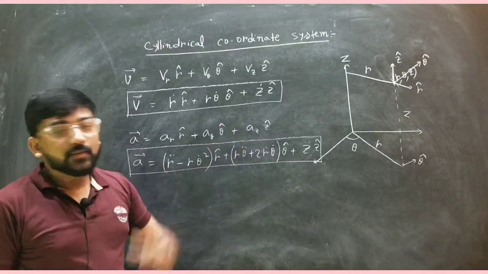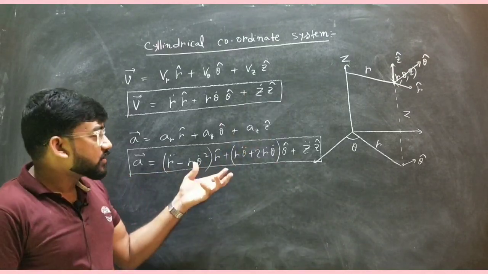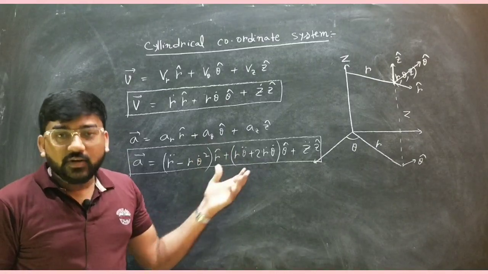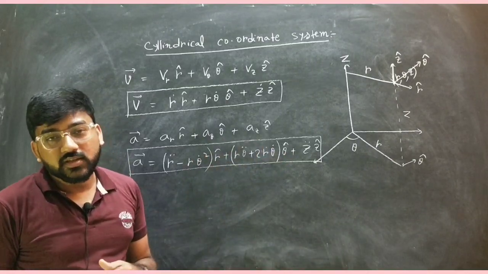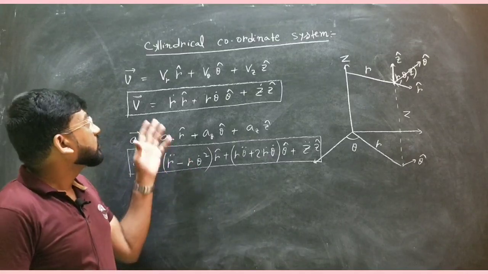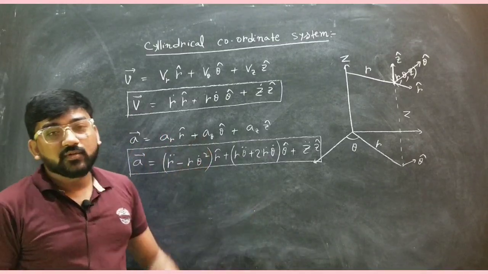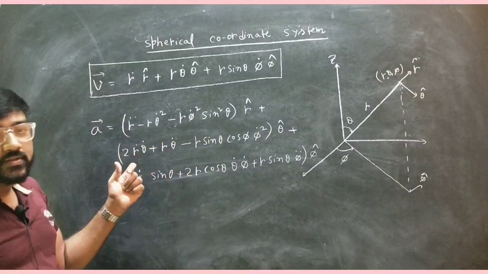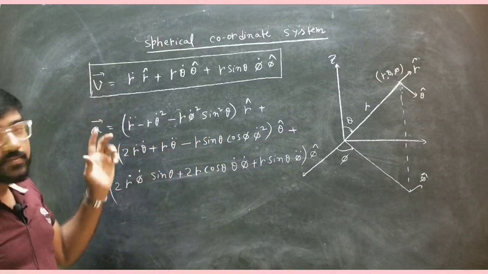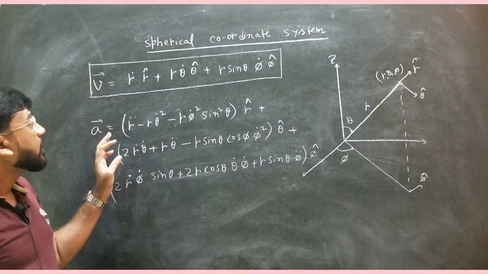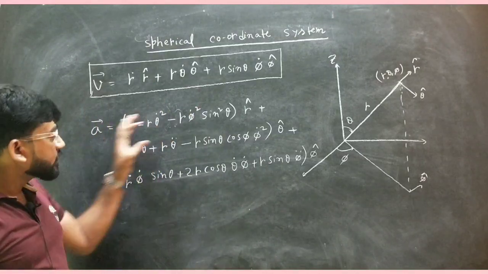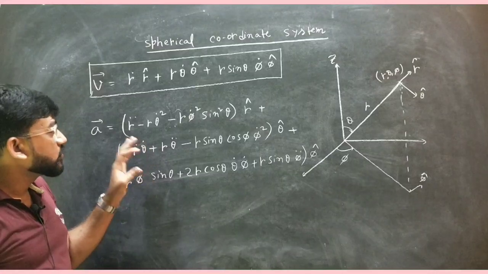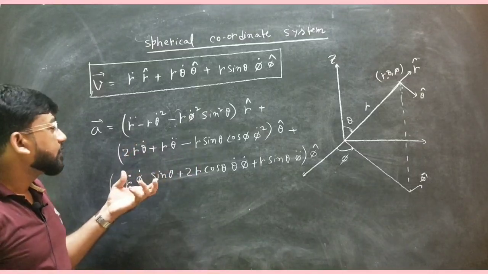But in the spherical polar coordinate system, you can see the major change. Let us see the velocity and acceleration in the spherical coordinate system. The velocity expression is simpler, but the acceleration expression is very difficult to understand and memorize.